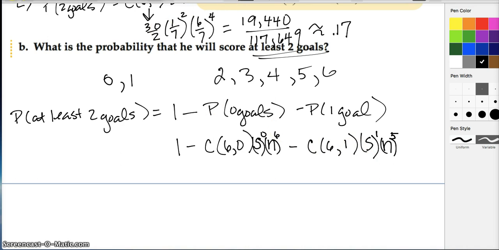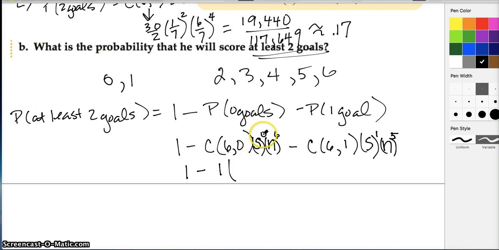And so now we get to calculate that and also include the probabilities. So 6 choose 0, that's 1 actually. I'm sorry, guys.